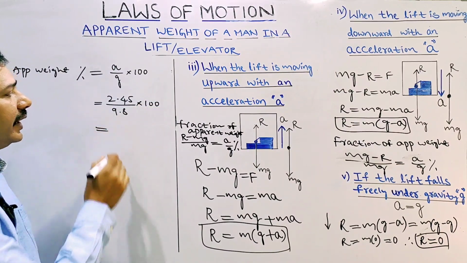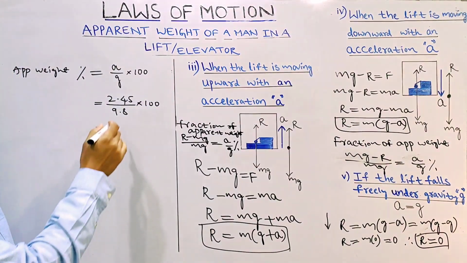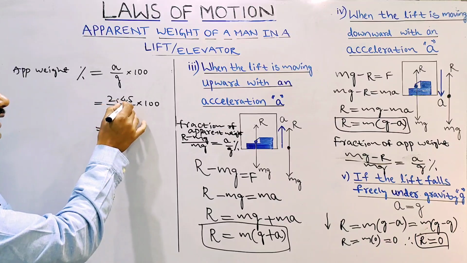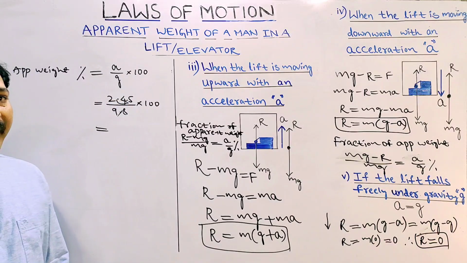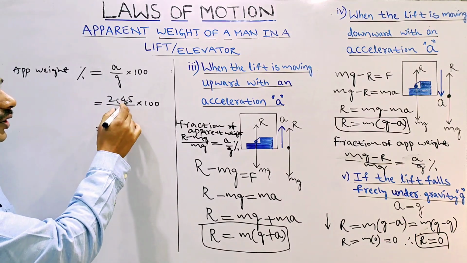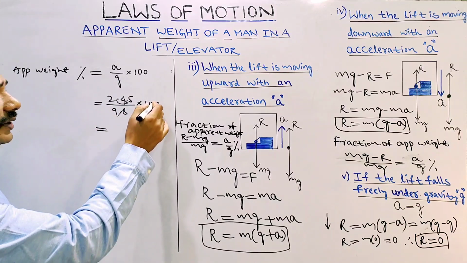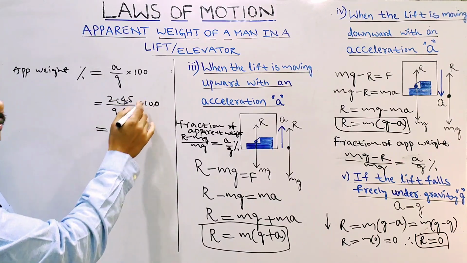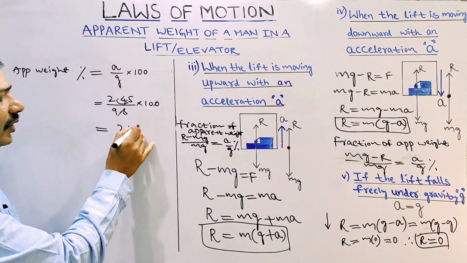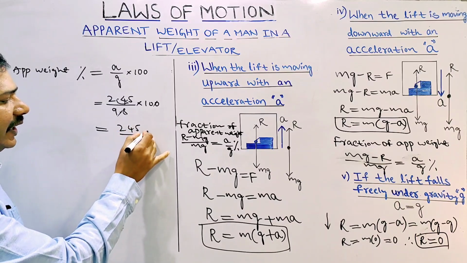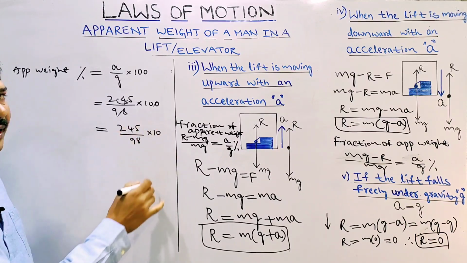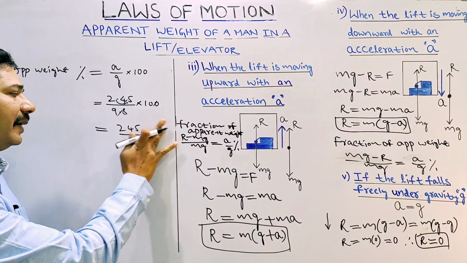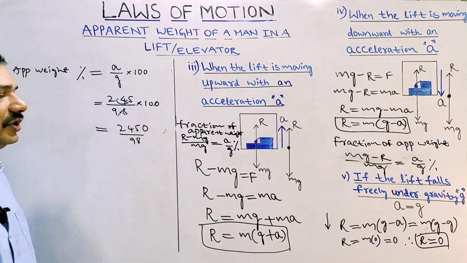Here 2.45, for one decimal I'm cancelling, 24.5. For one more zero, I'll write 245 by 98 into 10. Here directly I'm multiplying, so 0.